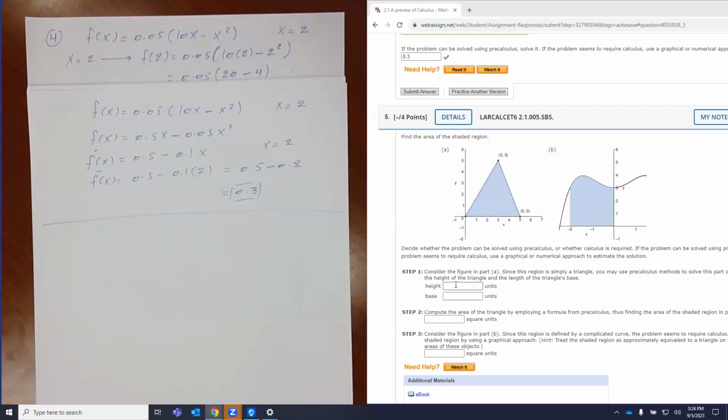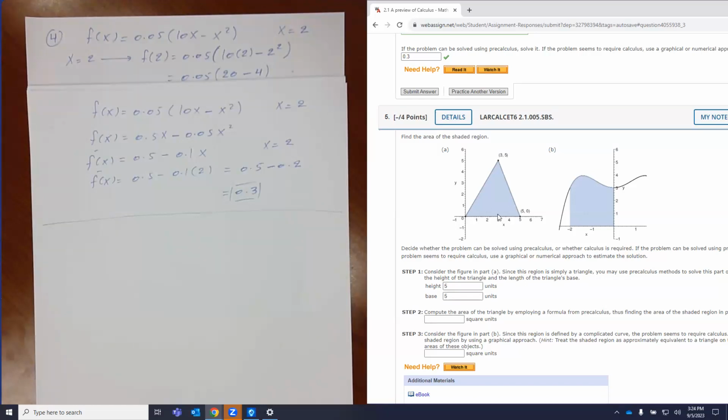Be careful, the y coordinate at this point is going to be the height. So the height is 5. And the base from 0 to 5, this is the x coordinate, so the base is going to be 5. That's the first 5 units, the height, and the base is 5 units.